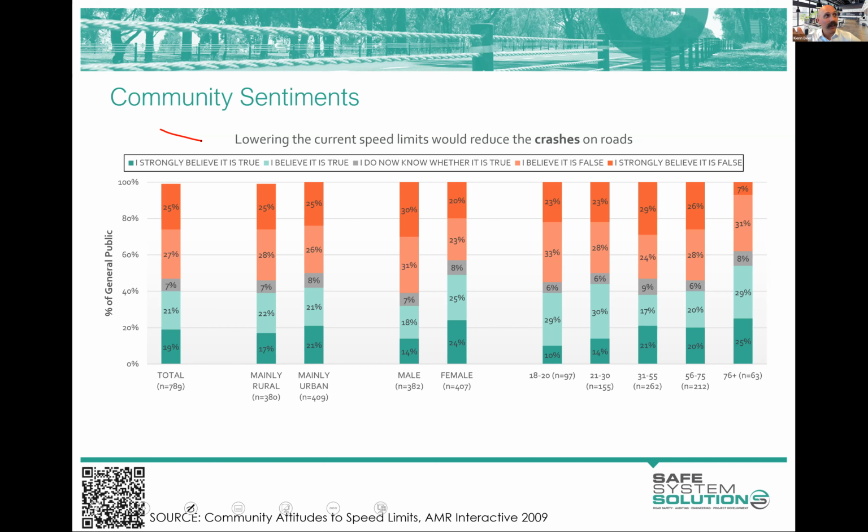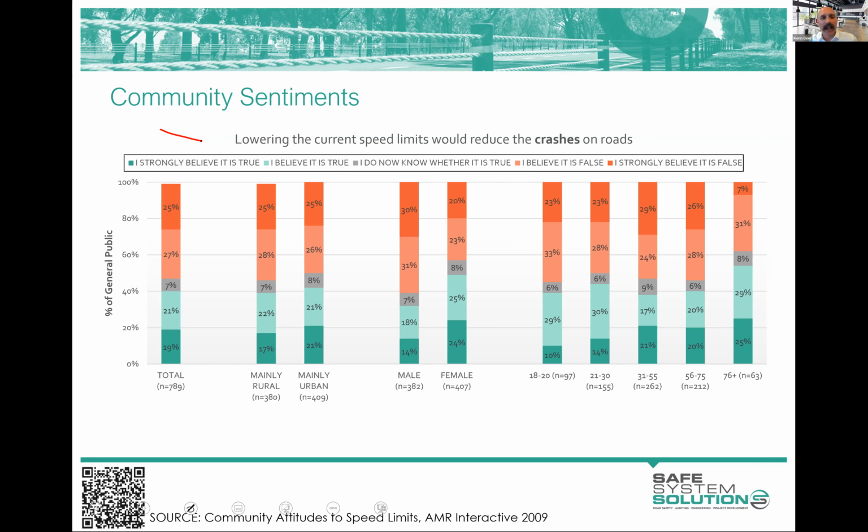In fact, I was involved in the update to the Guide to Road Safety Part 3 from Austroads, which is speed and speed management, and I put in there, I can't even remember how many, 25 cases of roads that had speed limit reductions for big lengths and the trauma had gone down, and roads that had speed limit increases and the trauma had gone up. It's just so clear. And often it's the same road, so they're just dropping it down and up, and the crashes are just going with it. So we know it works.